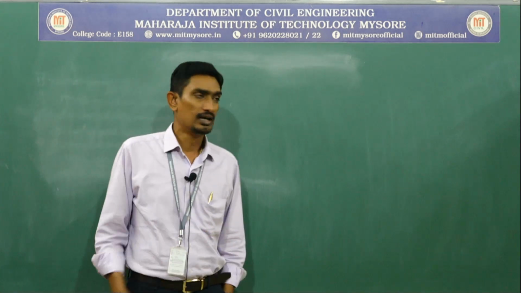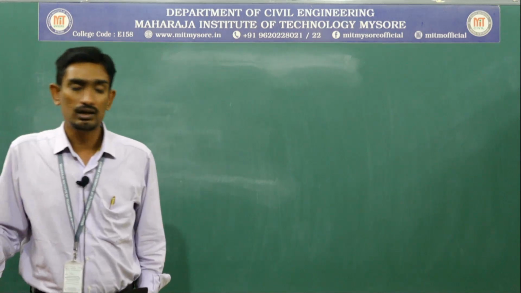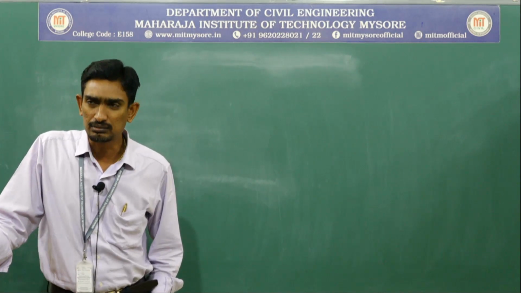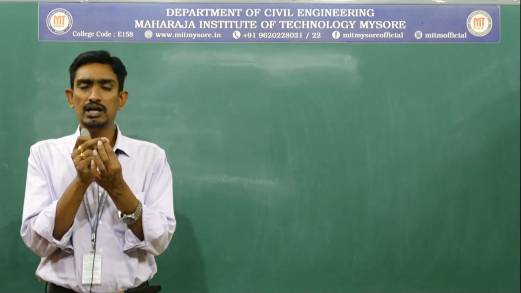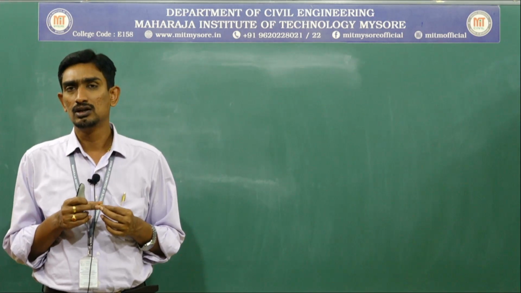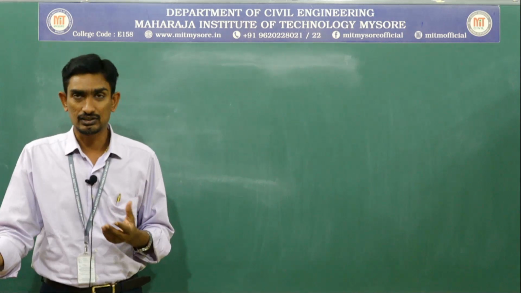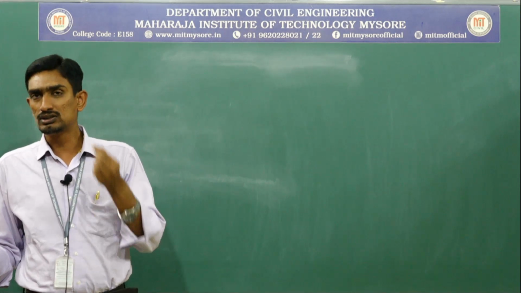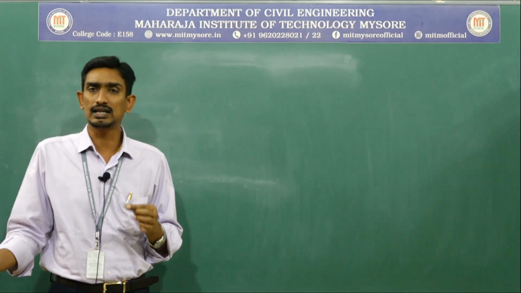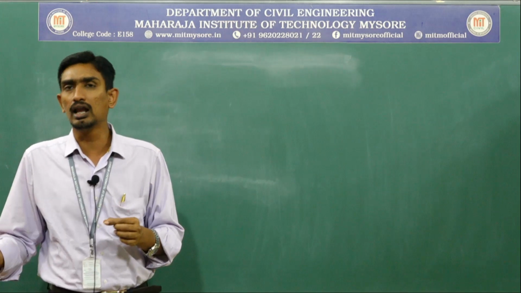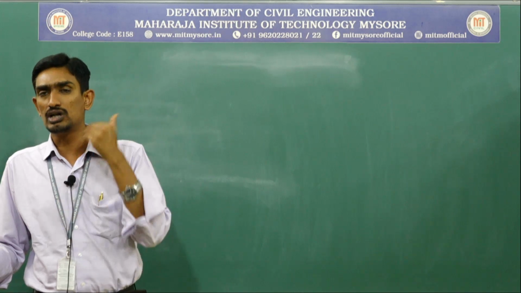The next material is rice husk ash. You know that rice mill industries have rice covered by a husk. Those husks are removed in the rice mills to produce the rice. The husk is a waste material, and they use it as a fuel, a burning material in the industry, to generate power.